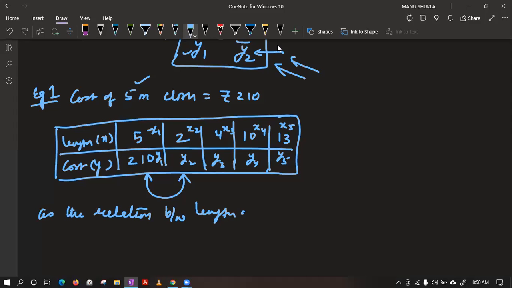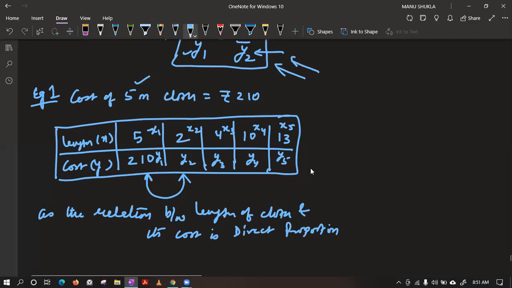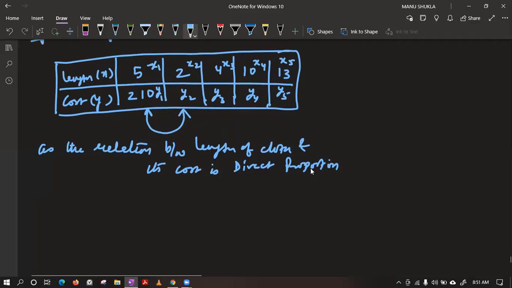length of cloth and its cost is, yes class, this kind of relation is direct or inverse? Please tell. If you purchase more length of cloth, will you give more money or less money? Obviously it is a direct proportion. So the simple formula, therefore, x1 upon y1 equal to x2 upon y2.